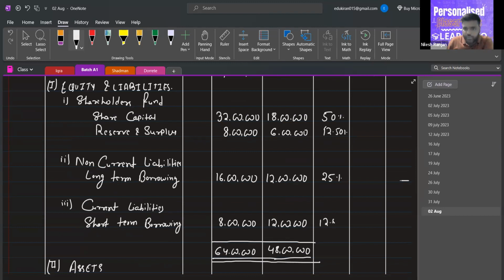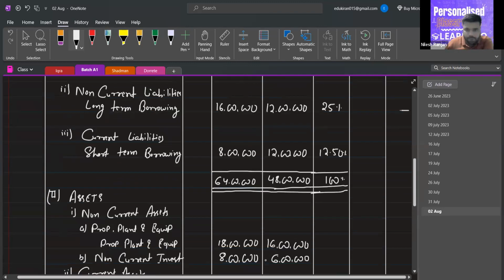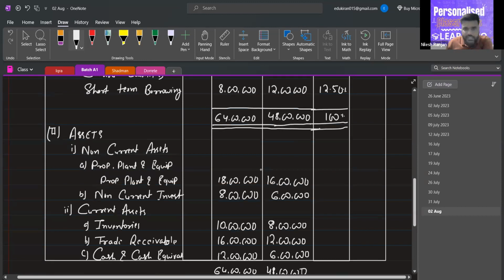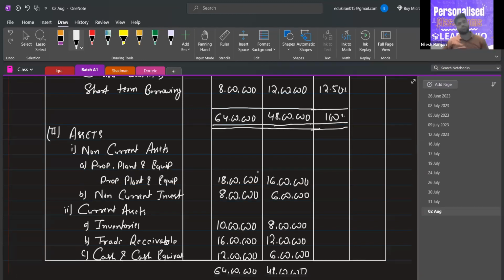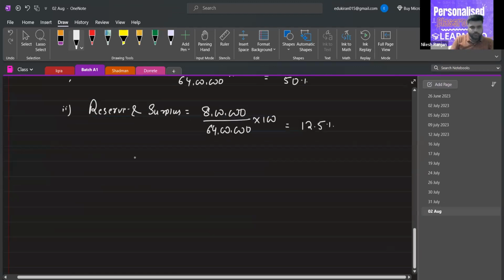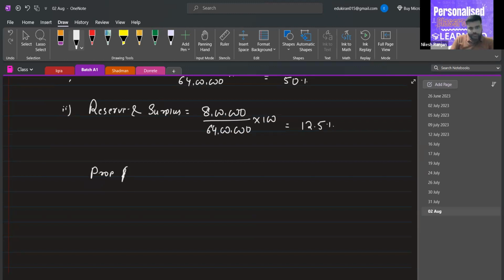It will be again 12.50%. Now in this, it will be 100%. After this, 18 lakh divided by 64 lakh, property, plant and equipment: 18 lakh divided by 64 lakh into 100. Can you tell me the percentage?